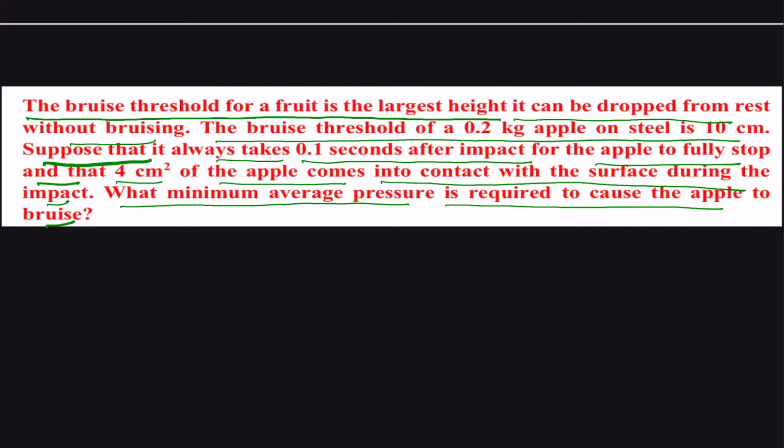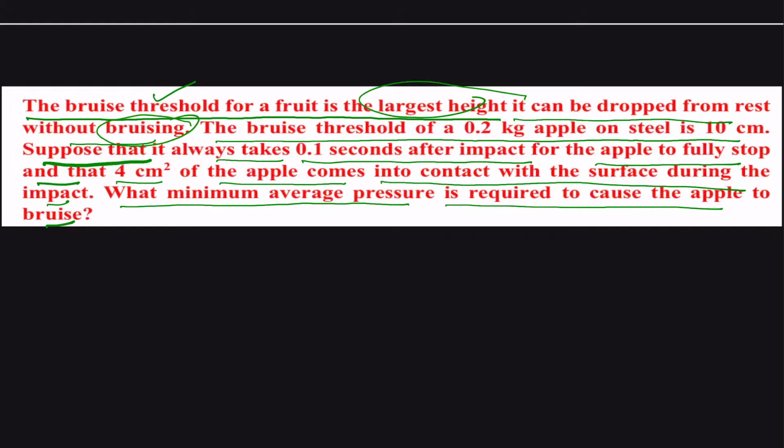We can also easily draw an analogy with friction: we can make a comparison between the maximum friction and the threshold friction, and that gives us the value of that friction. Okay. And in the question it is defined that the bruise threshold is the largest height without getting bruising.